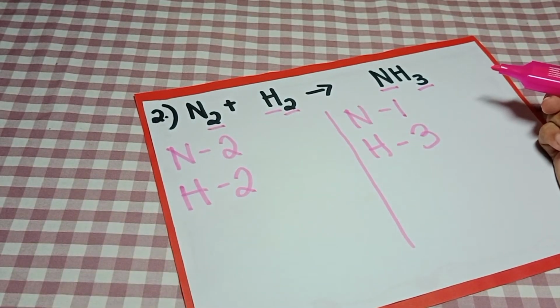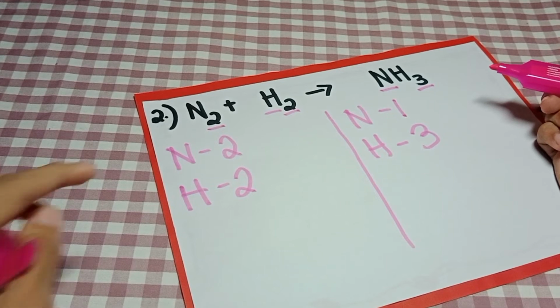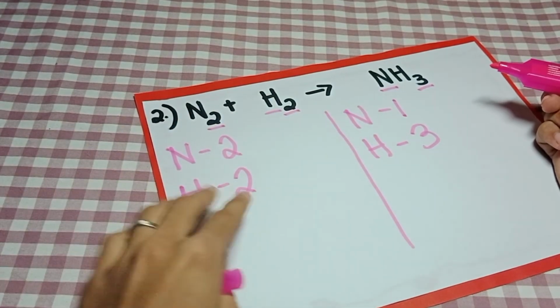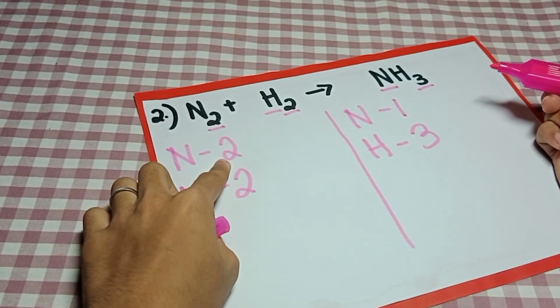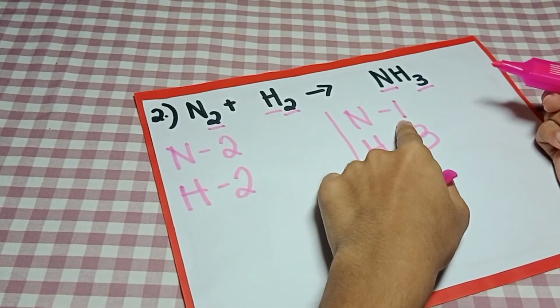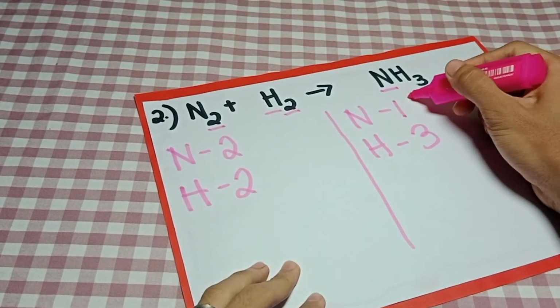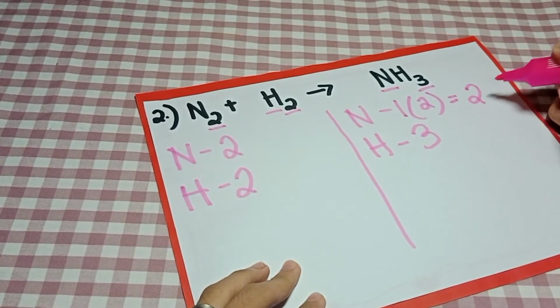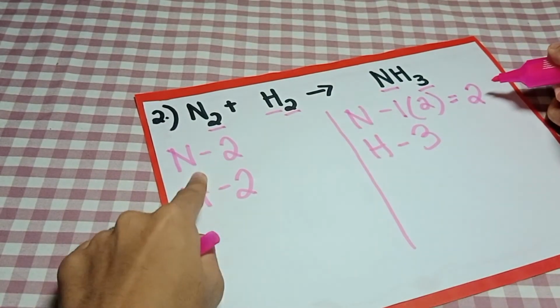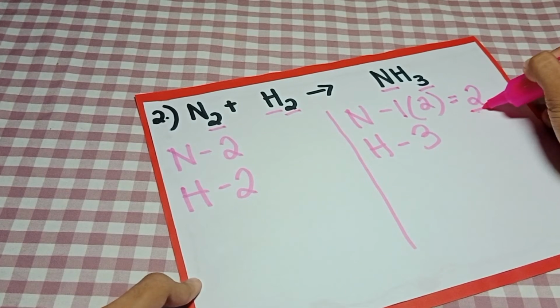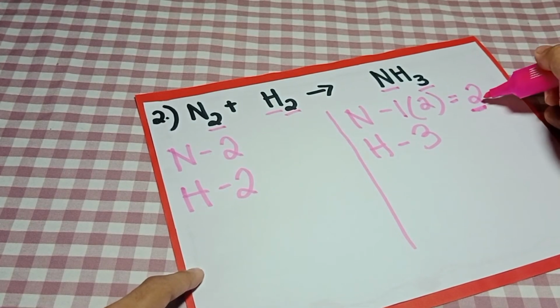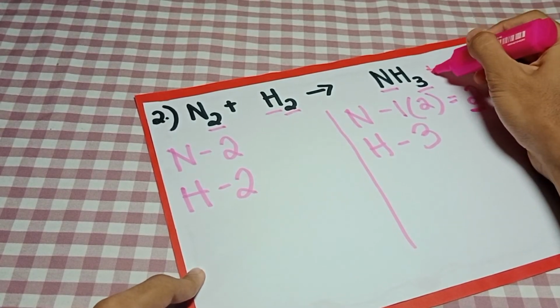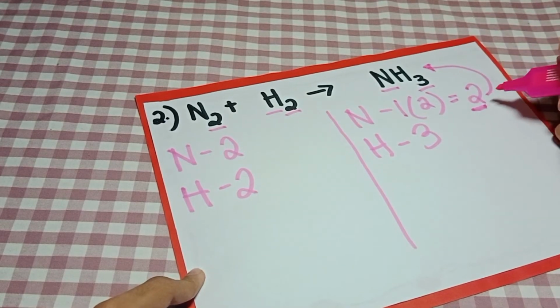Afterwards, we have to first balance the nitrogen. Since nitrogen here has 2 and here is 1, we need to multiply this number by 2 in order to get 2, which means they are now balanced. Then this number 2, you have to put directly before the compound where nitrogen is located.